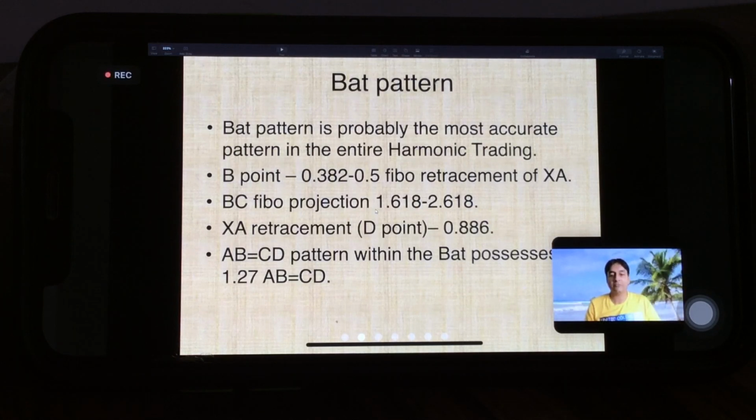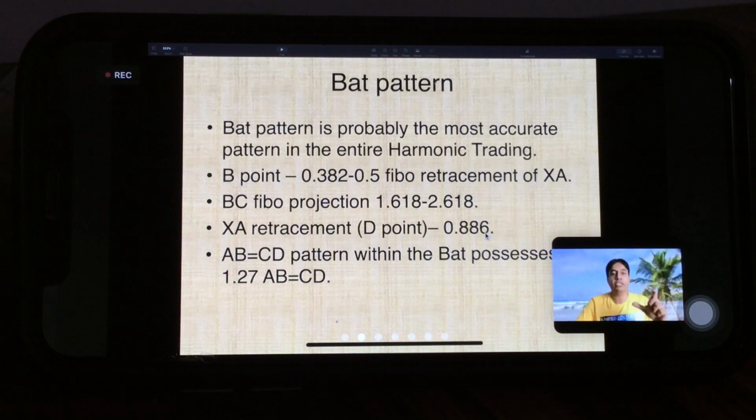The Fibo levels between 1.618 and 2.618 are 1.618, 2.23 and 2.618. The XA retracement D point will be at 0.886. If B point is at 0.382 or 0.5, then D should be at 0.886.